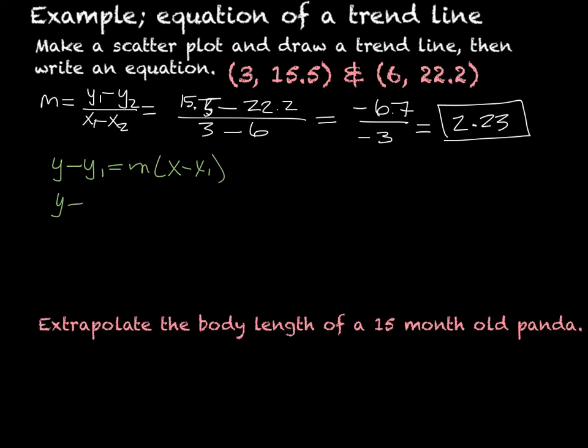So y minus 15.5 equals my m, which we decided 2.23, x minus my x1, which is 3. And then I can solve.